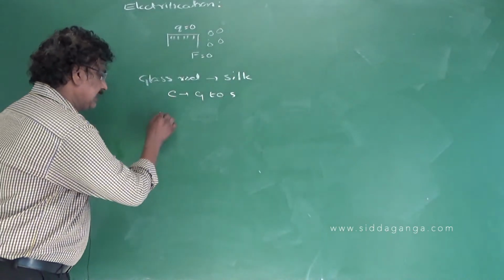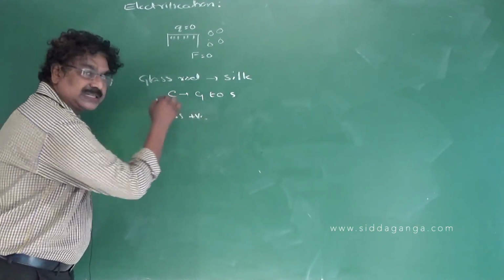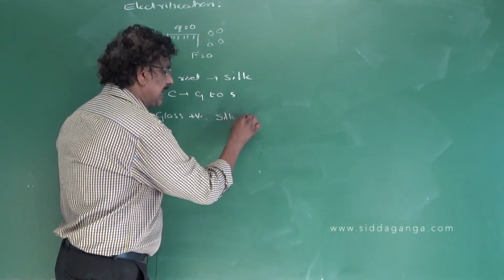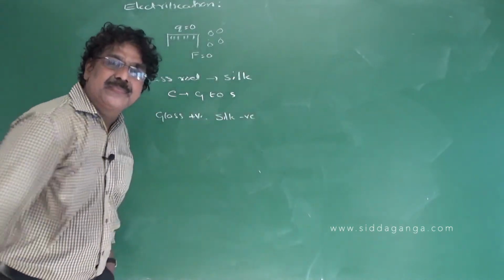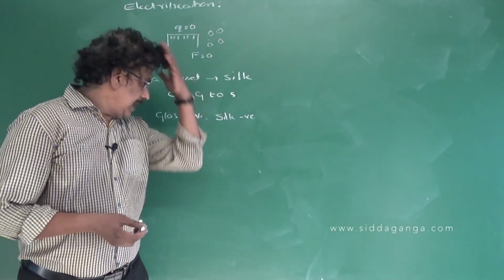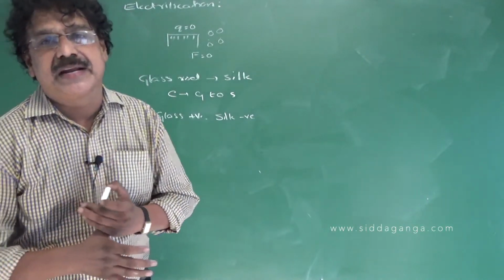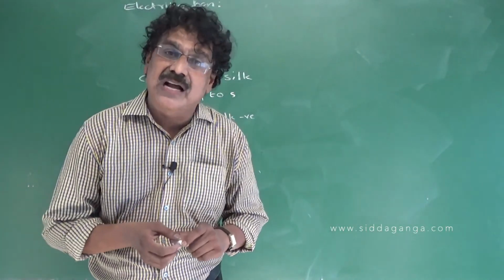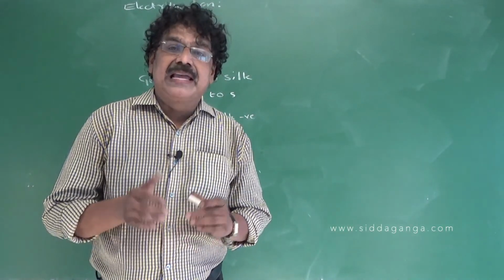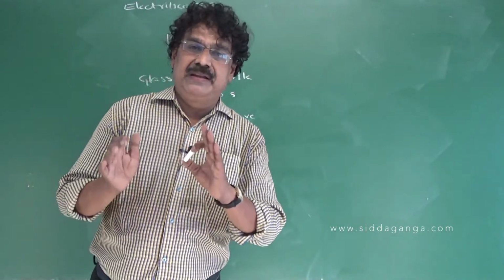As a result, glass becomes positively charged and this silk becomes negatively charged, right? So we can charge any body by adding or removing electrons from it, and that body is called a charged body. Now it is capable of exerting electrical force of attraction or repulsion between them.